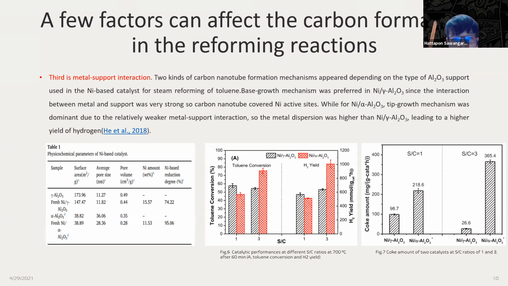So carbon nanotubes covered nickel active sites. On nickel alpha aluminum oxide, the typical mechanism was dominated by relatively weaker metal support interaction. So the metal dispersion was higher than on the nickel gamma aluminum oxide support, leading to a higher yield of hydrogen.